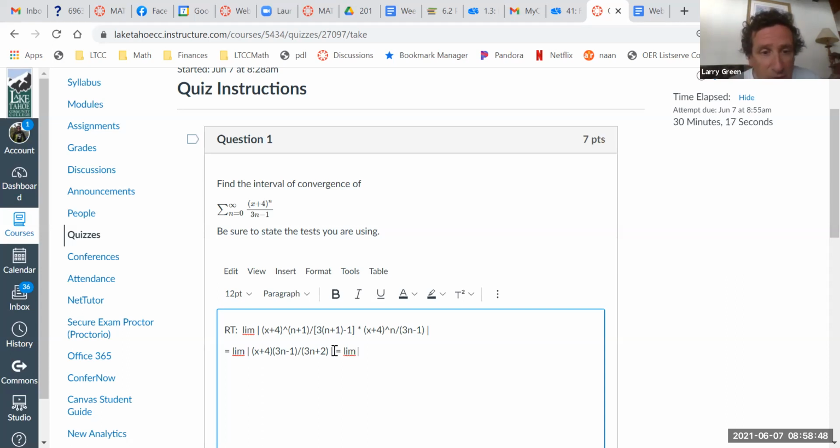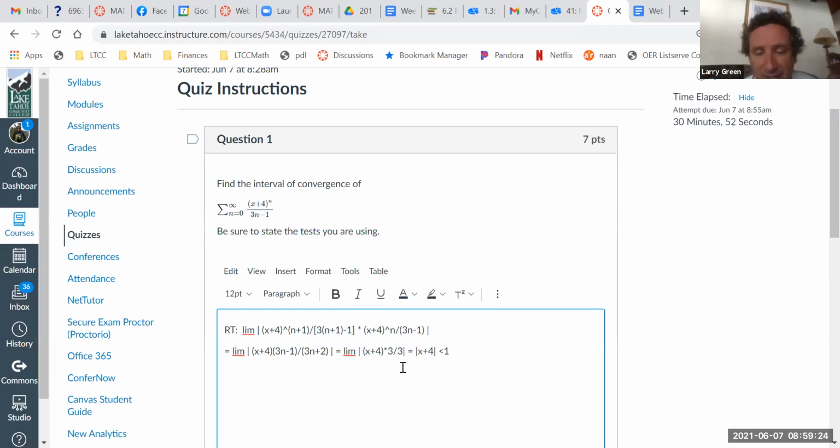And now to use L'Hopital's rule, we have the absolute value, still have the x + 4, and then you get 3 over 3, which is equal to the absolute value of x + 4. Then we're doing the ratio test, so we need to set that to be less than 1 to get it to converge.